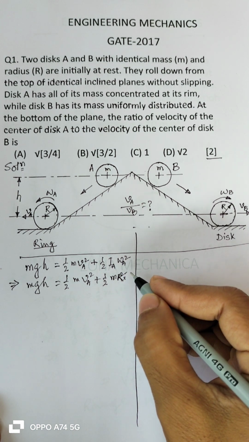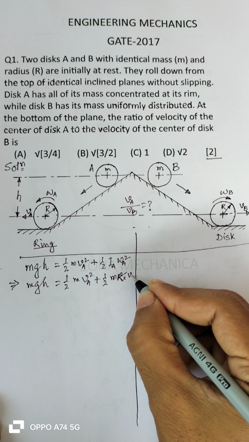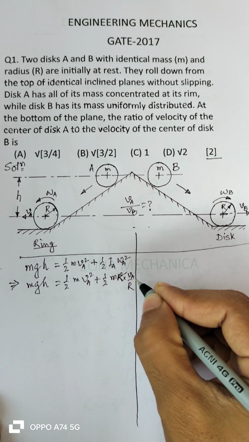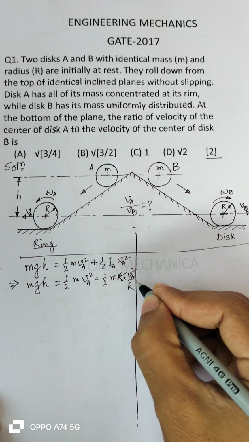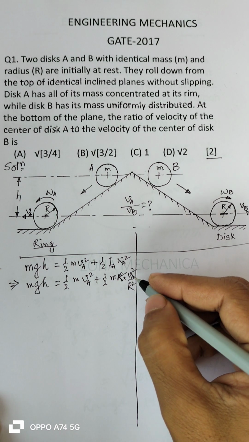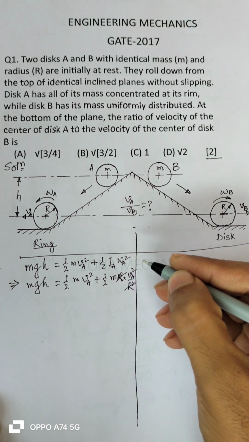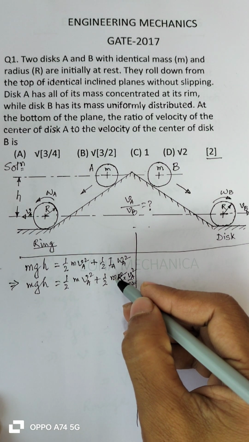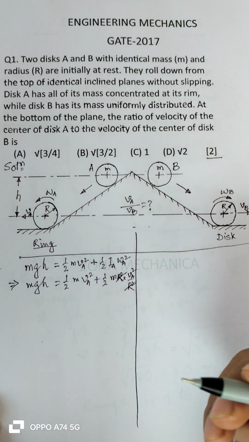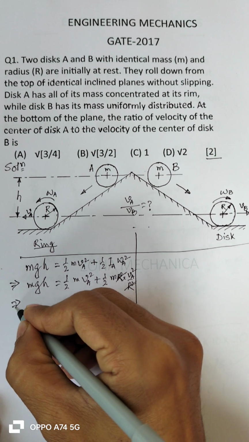And the omega is VA by r, so squaring both, r square will get cancelled and m will get cancelled from both the sides.